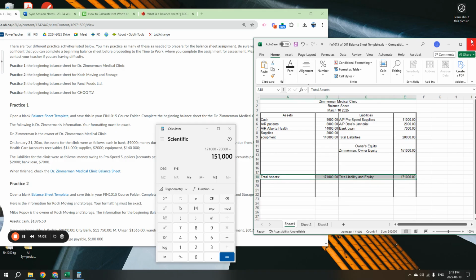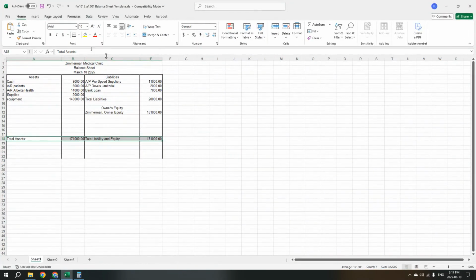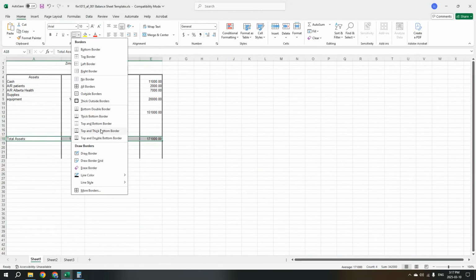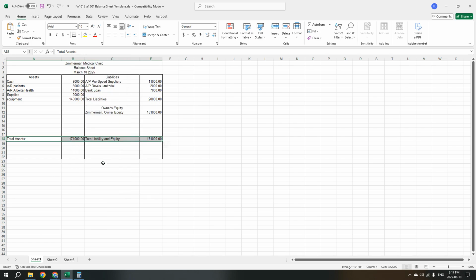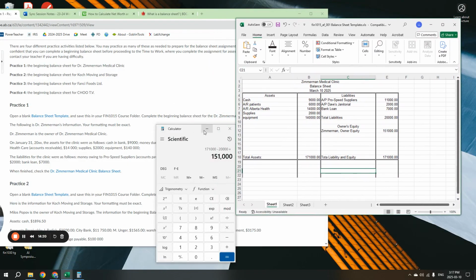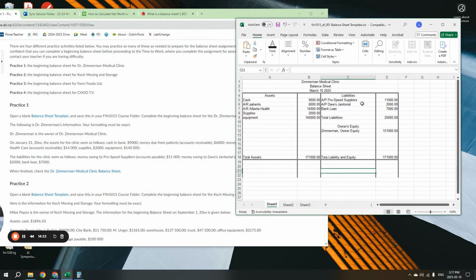And remember, for accounting, when numbers match, we do what's called a double rule. Now, in Excel, again, we have double rule. Where is the double rule? Top, bottom, double, there we go, right? That shows us that the left side, assets, balances to the right side, liabilities and equity, okay?